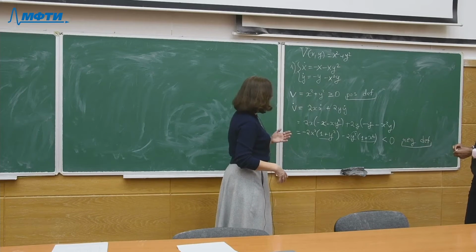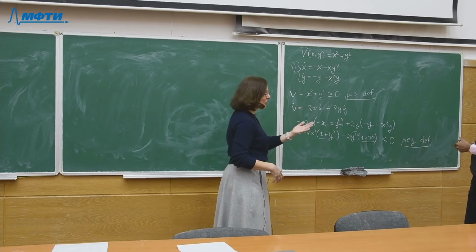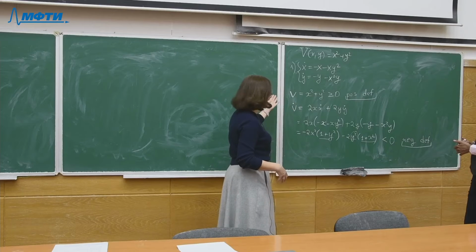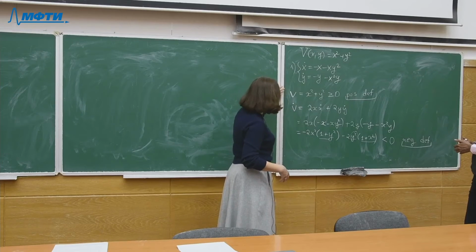And if this is positive definite and that is negative definite, then it is asymptotically stable, like in the physical problem of the pendulum. This is the idea of how to memorize this.